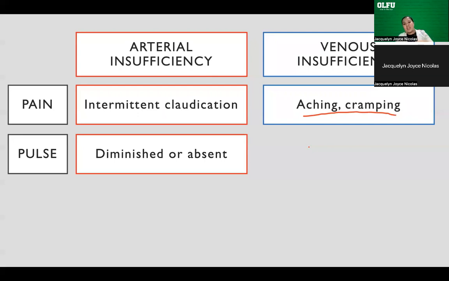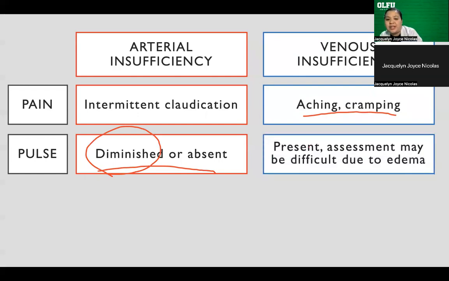Because pulses are generated, okay, in the artery and not in the vein. So kaya, if it's arterial insufficiency, now you may experience diminished or absent pulse. In most cases, diminished. Okay? Sabihin, sobrang hina. Okay? Sobrang hirap niyang i-count. Okay? Now, for venous insufficiency, ayan, pulse is present. Okay? There's no problem with the pulse.